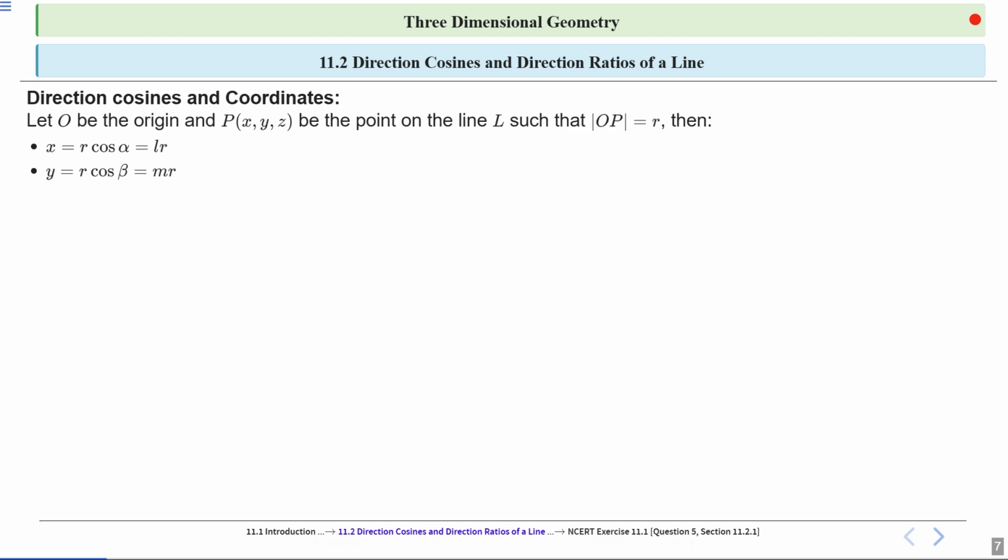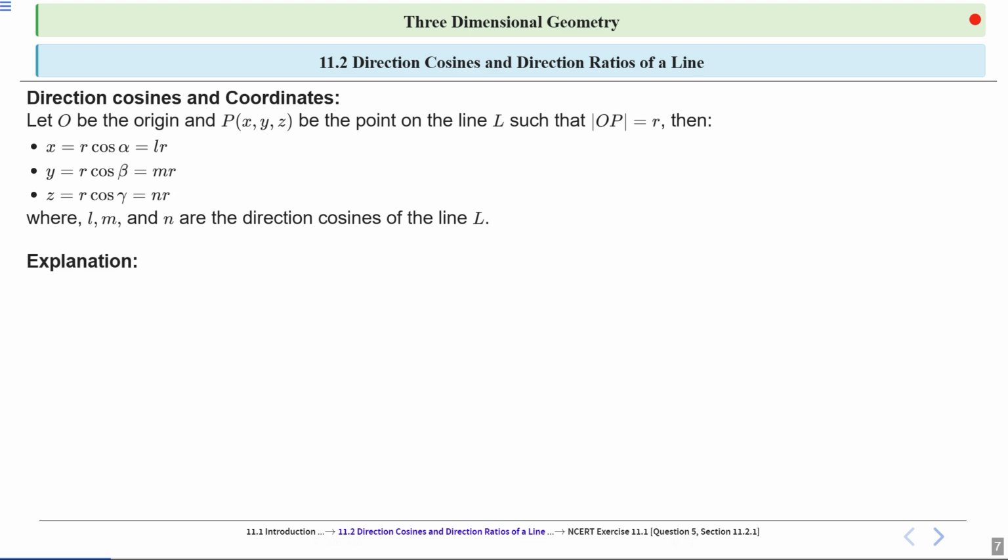Okay, so this formula tells us how far along the y-axis the point P is, based on the direction and length of OP. Similarly, for the z coordinate, we use z equals r cos gamma equals n times r, where L, m and n are the direction cosines of the line L.